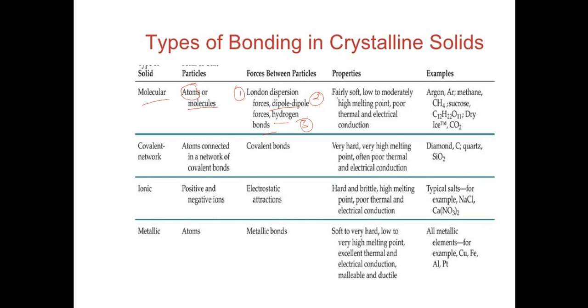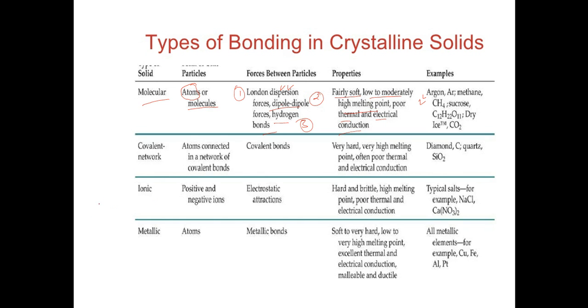Their properties: they are fairly soft, have low to moderately high melting point, and poor thermal and electrical conduction. An example is argon. Argon is a noble gas which possesses London dispersion, whereas molecules like CO2, dry ice, produce dipole-dipole interaction. They also produce a weak force of attraction.